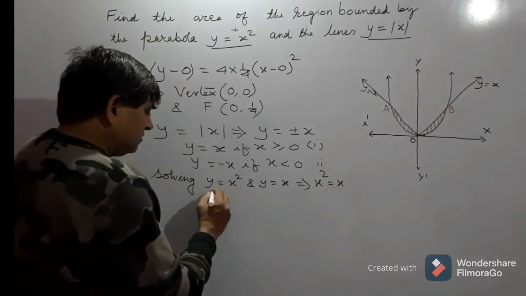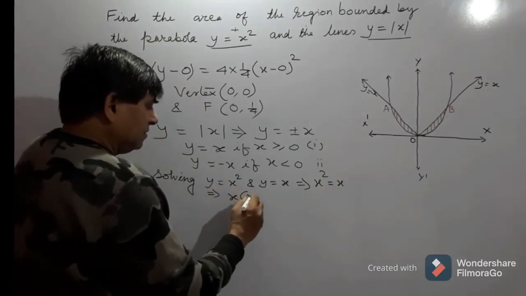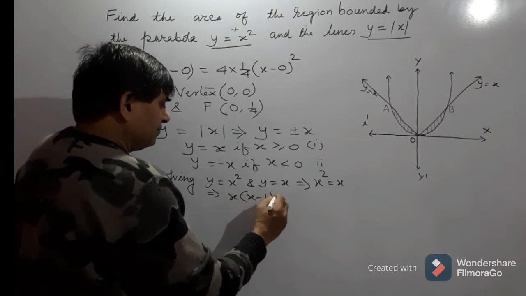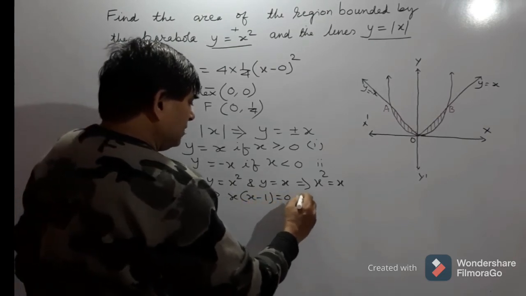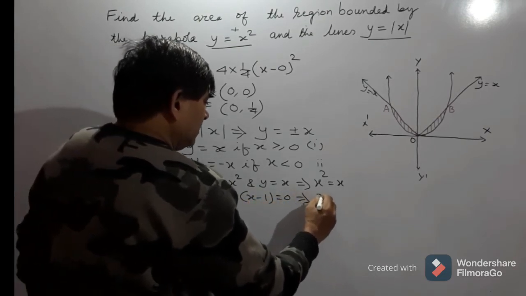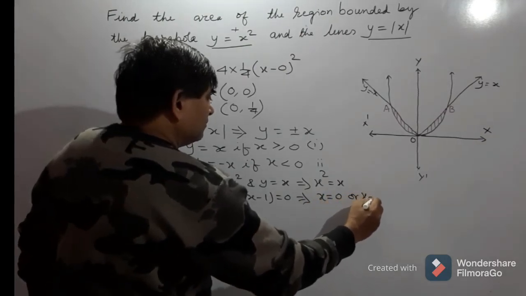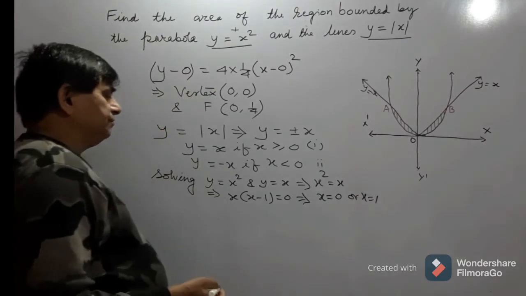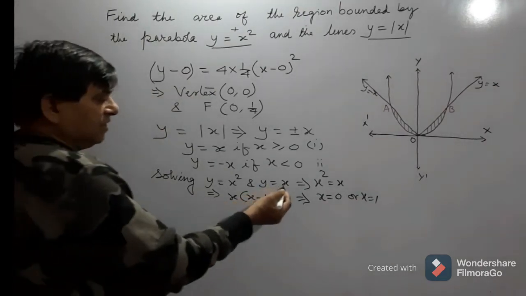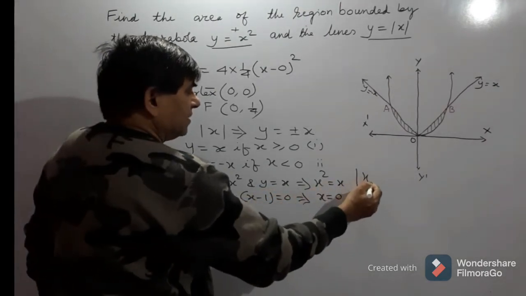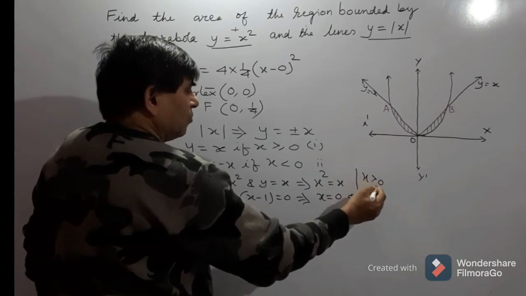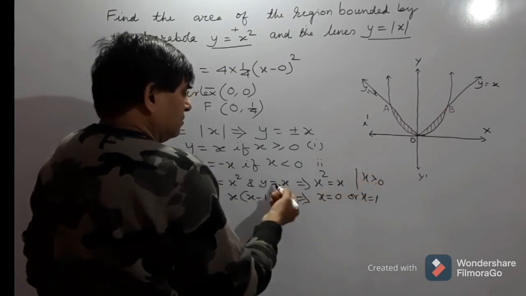Take one side, this is x into x minus 1 is equal to 0, implies either x is equal to 0 or x is equal to 1. So this is x is positive or 0.